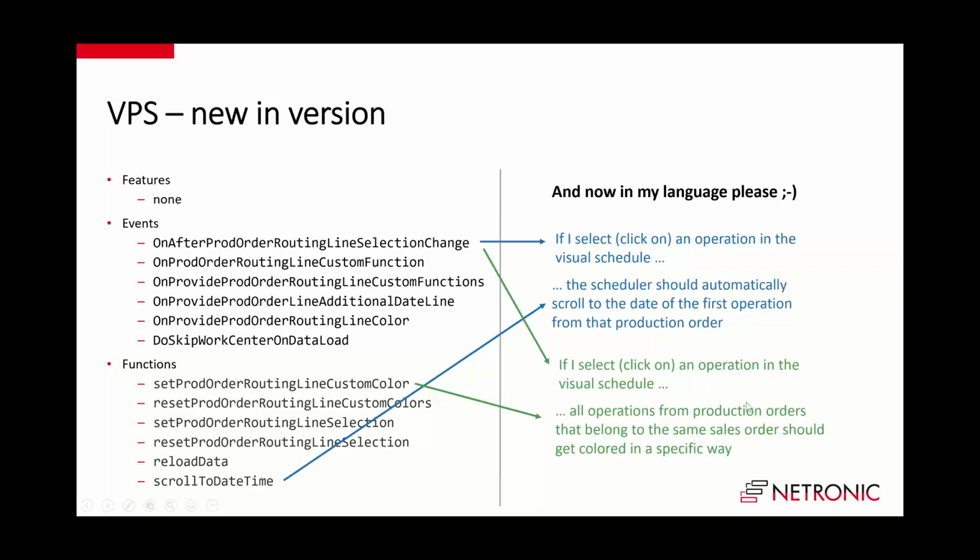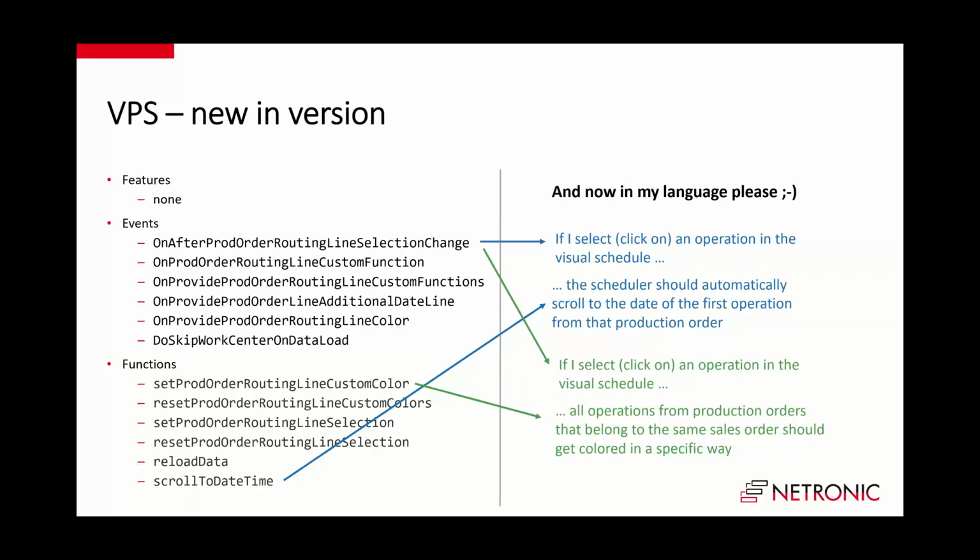And already this is powerful, especially this second case. Imagine you click on an operation in the visual schedule and you see all operations that belong to the same sales order being colored in red. This is powerful.